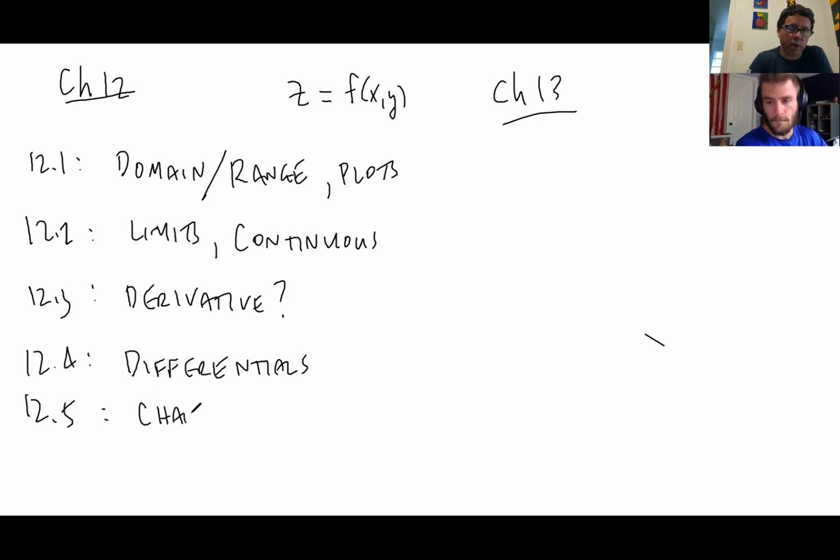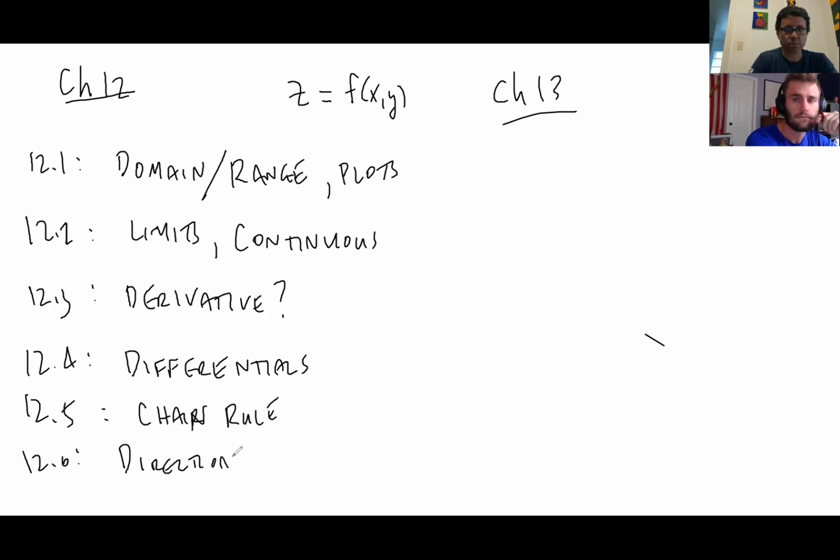12.5 is on continuing derivatives. It's actually kind of a tricky one that has its own section: how do you do the chain rule? 12.6 is that you don't have just one kind of derivative, you have many, and so there's something called the directional derivative. 12.7 is on tangent, not tangent lines anymore, but tangent planes.